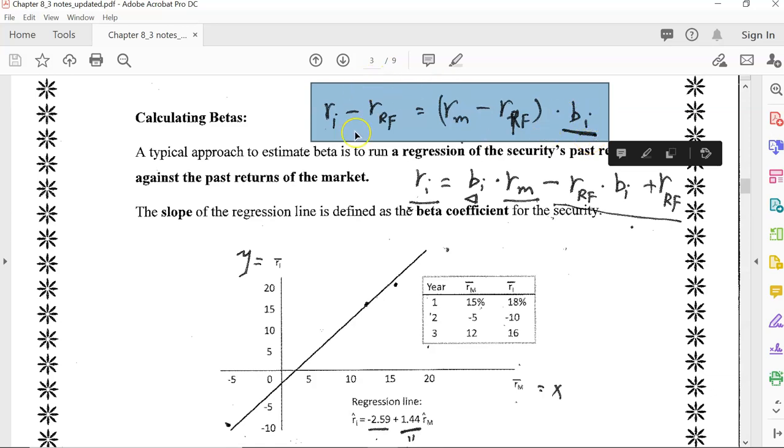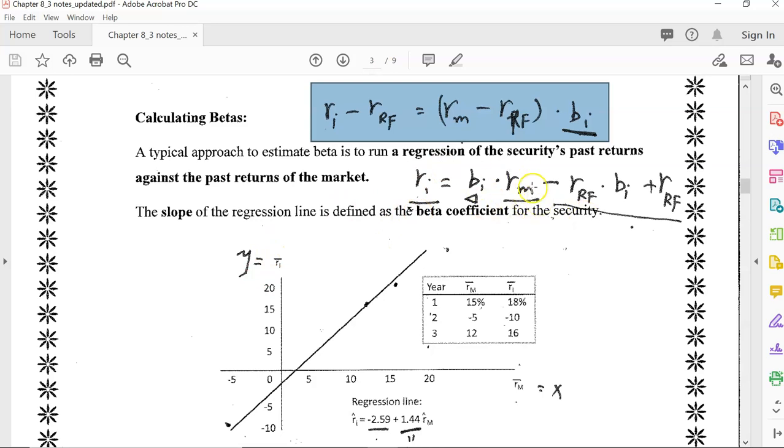Okay, because if we rewrite this model, we can write Ri as the left-hand side variable of the equation, and on the right-hand side we have beta multiplied by Rm, and we move the risk-free rate to the right-hand side. So you can treat this Ri as y.